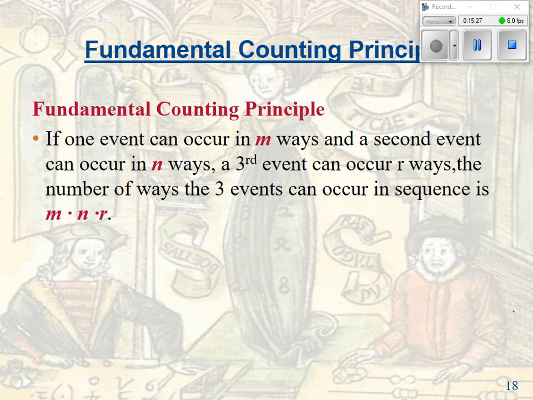Fundamental counting principle. It's very important that you understand it. I'll give you a second to copy some of this down. You might want to write it like this: whatever the first thing is, whatever the second thing is, whatever the third thing is. This is when you're doing more than one thing. Number of outcomes times number of outcomes for this one times number of outcomes for that one.